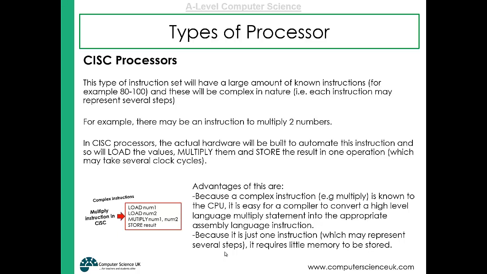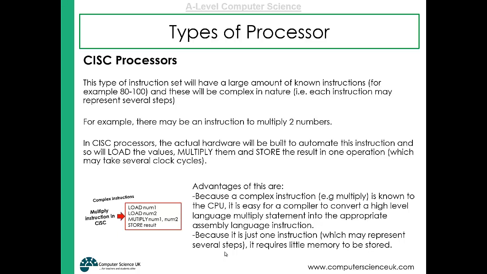If you think about the idea of coming bundled with lots of different steps, when you multiply two numbers, the CPU will first of all have to load those values, then multiply them, and then actually store the results.